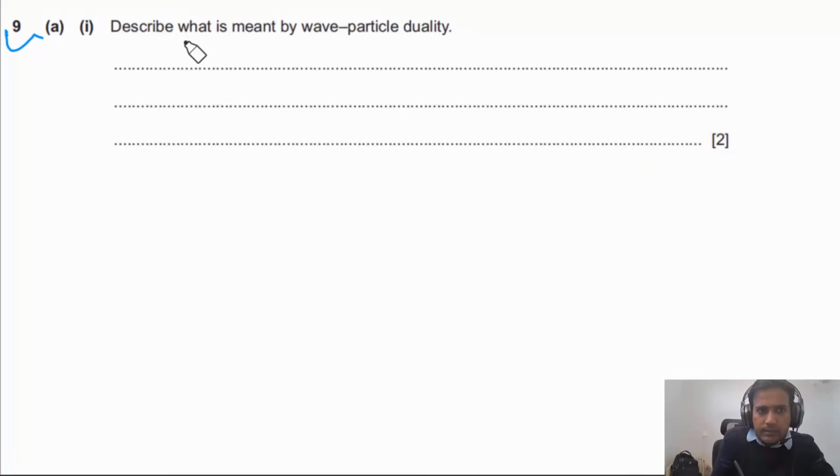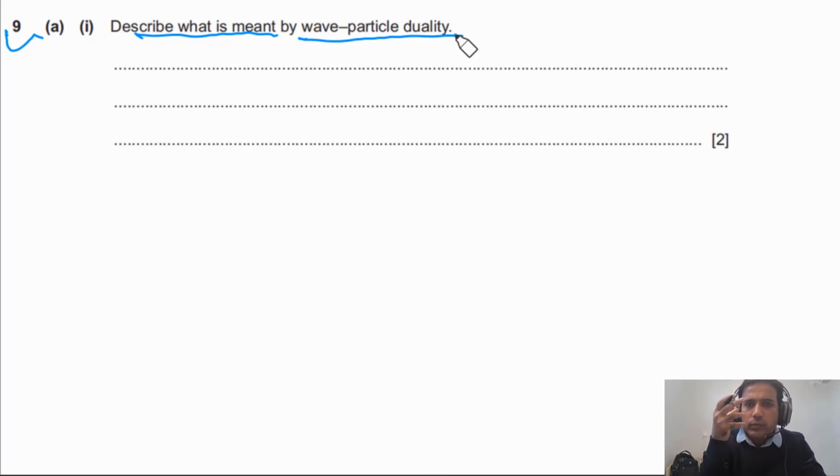Question 9 part A says, describe what is meant by wave-particle duality. Wave-particle duality means that waves can behave like particles. They can exhibit particle-like behavior, and particles like moving electrons can exhibit wave-like behavior. So this is wave-particle duality.